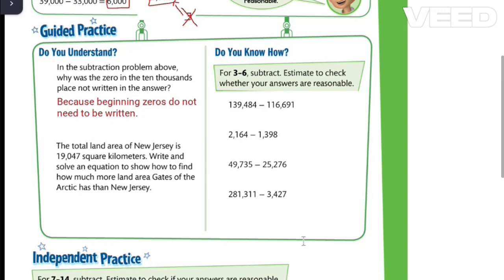Now, this is going to require us to flip a few pages back to see how much area Gates of the Arctic actually had. Remember that picture of Alaska we were looking at? Let's go ahead and look at that and see how big Gates of the Arctic actually is.